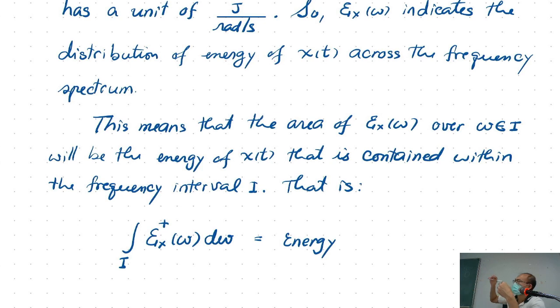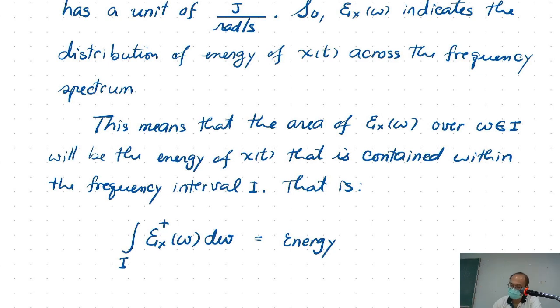This is the partial energy. The total energy would have to be the energy contained across all the frequencies. So if you pick some interval out of the entire frequency and integrate Ex over that interval, that is going to be the partial energy that is contained only in that interval.